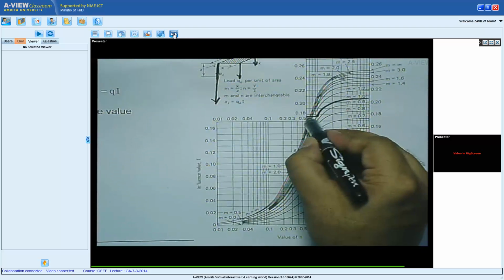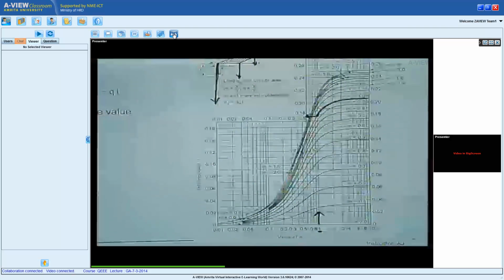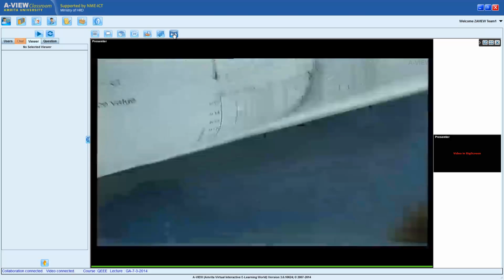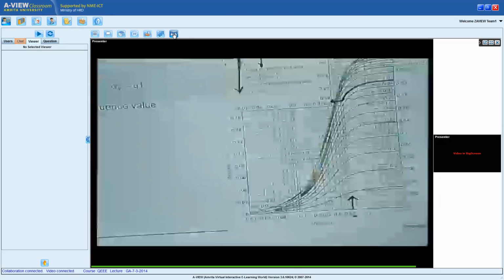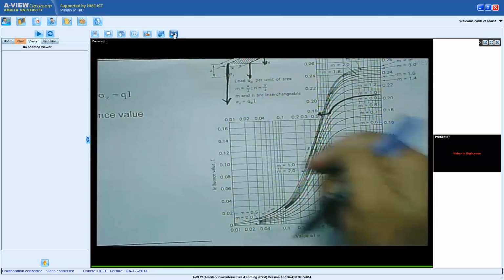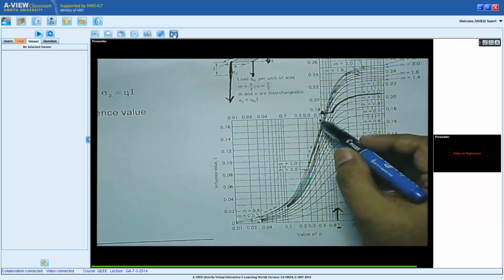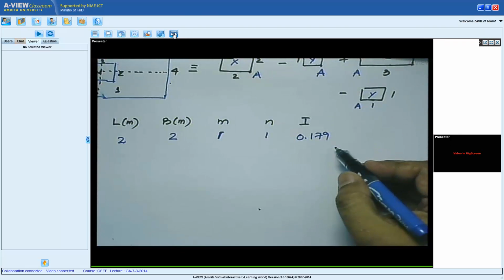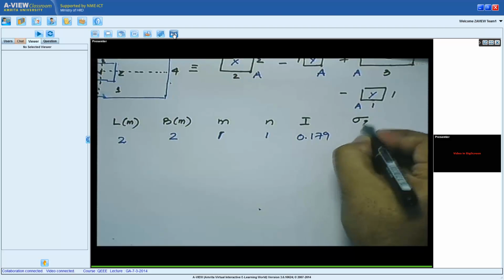I need to read out this value. In this case, the value of I is 0.179. Okay, I cheated. I took a hand lens before coming over here. You can go home and look at this very carefully. But I have a value of 0.179.